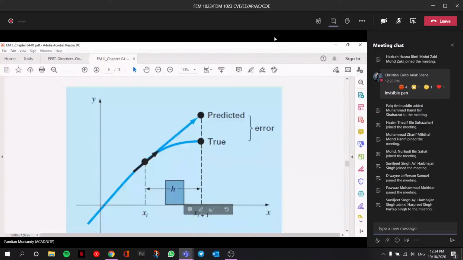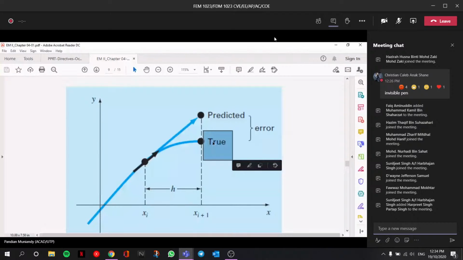Okay, so what is happening here is this true value is from the analytical method. This figure just gives you a rough idea what is happening in a numerical method, how it differs from the analytical method.